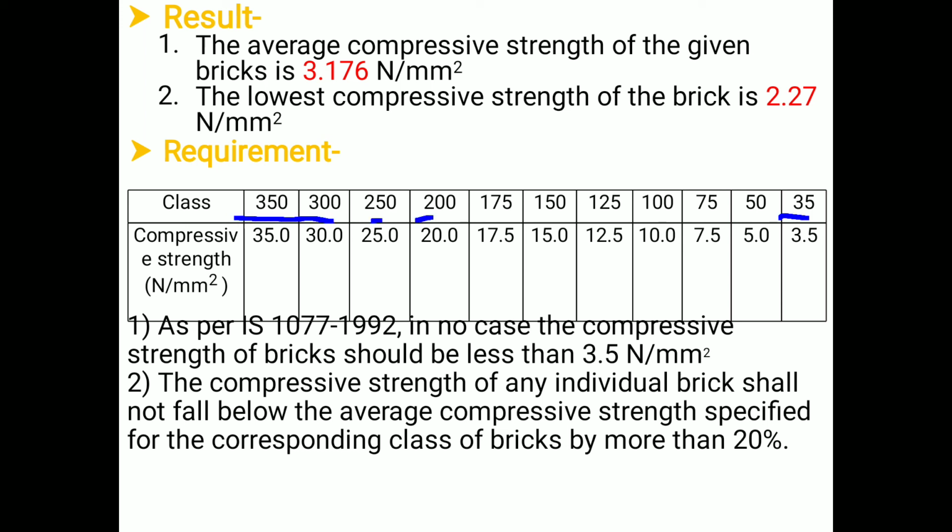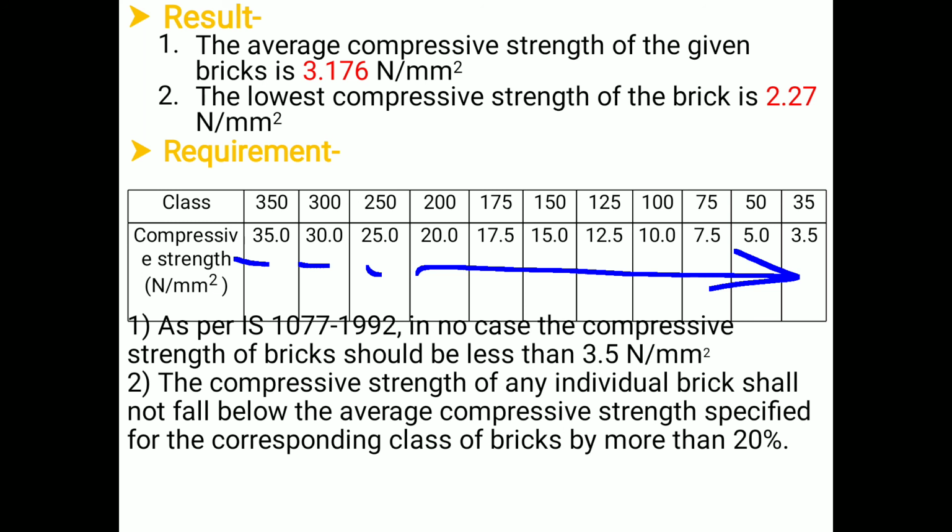Depending upon the compressive strength characteristic, this is the class of the brick. In Newton per mm square or MPa, it becomes 35 MPa, 30, 25, going down to 3.5 MPa. Those are the compressive strengths of the brick, and those are the requirements.